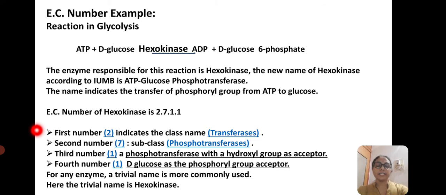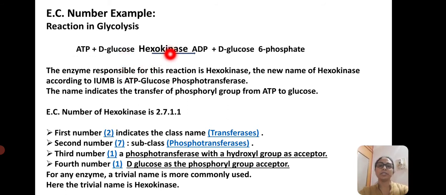And we can take one more example for the EC number explanation. Here we can take a reaction taken from glycolysis. Here the ATP molecule is going to transfer a molecule of phosphate to D-glucose. So the product will be D-glucose 6-phosphate and ADP is released, since ATP has transferred one phosphate group to D-glucose.